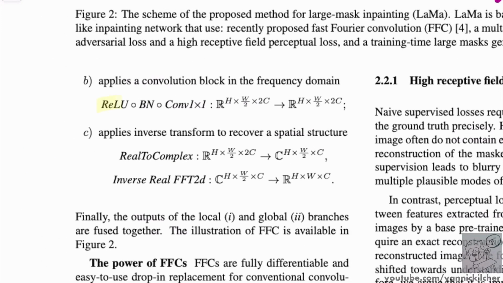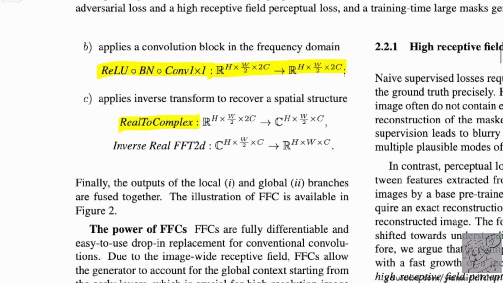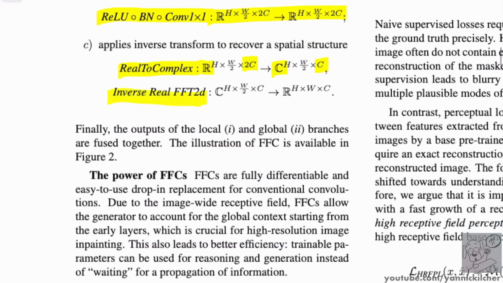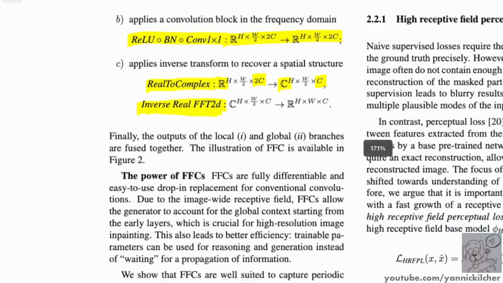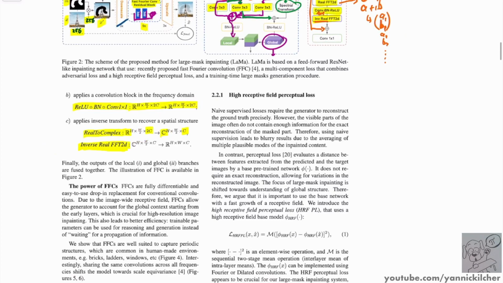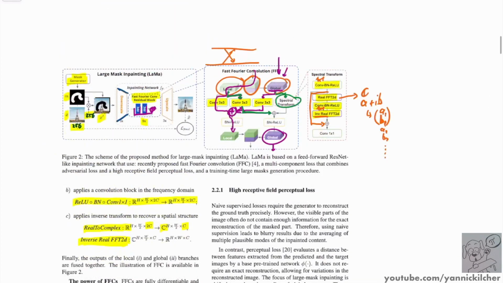Then there is this ReLU batch norm conv, which retains the signal. Then there is real to complex, where we go back into complex space. So from real 2C channels into complex just C channels. And then we reverse the Fourier transform. And that is a Fourier convolution as they define it.